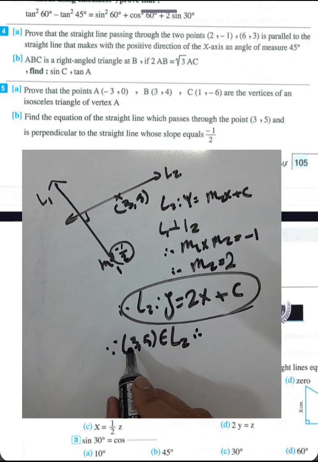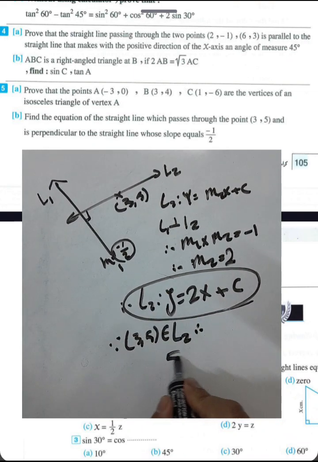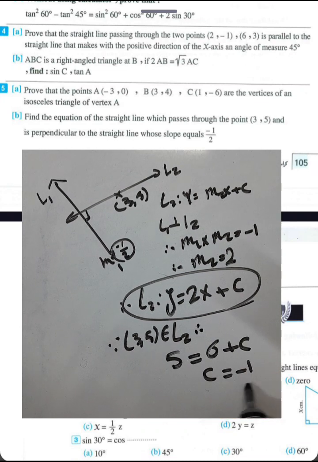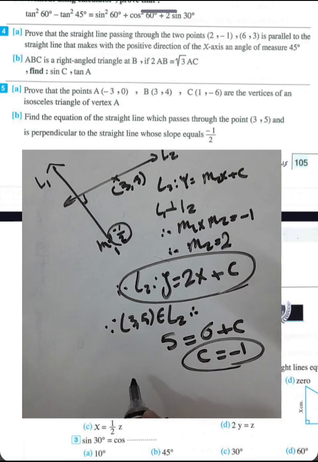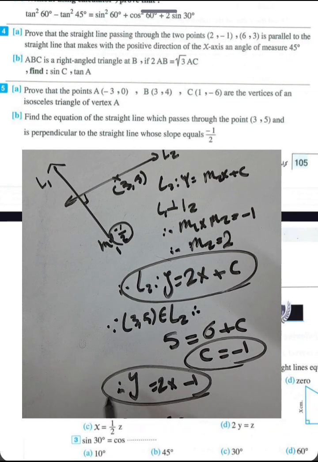Then x equal 3 and y equal 5, so 5 equal 2 times 3, equals 6, plus constant. Then the constant will be negative 1. The equation is y equal 2x minus 1. This is the equation of the straight line. Okay, understood?